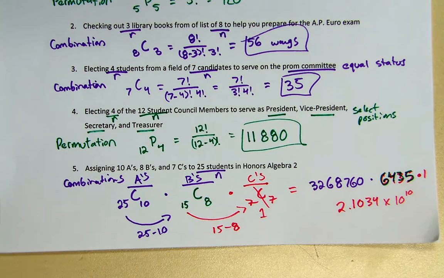Now that's kind of a confusing way to think about it. Well, there's another way you can figure it out. You can do 25 factorial and divide out all the other different ways that happen. So divide out 7, 10, and 8.